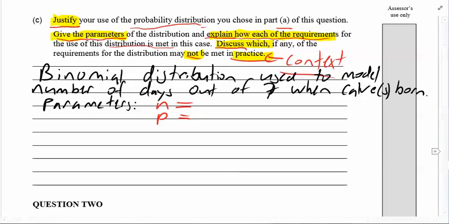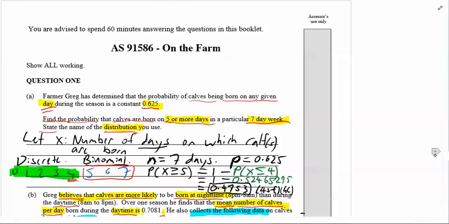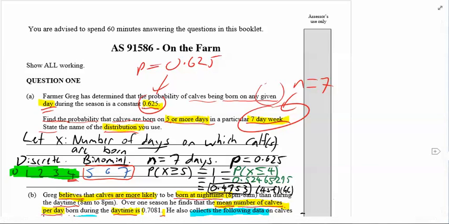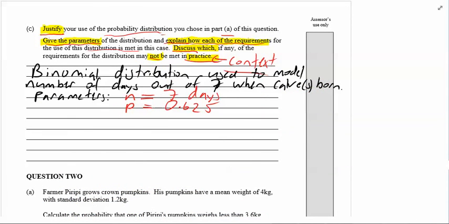In this question, it says out of a 7-day week, so that's our n value, n equals 7. For the probability of success in each individual trial, the probability of calves being born on any given day during the season is constant at 0.625, so that's our p value. So we can write that in too. Okay, so we've given the parameters, so we can tick that now.